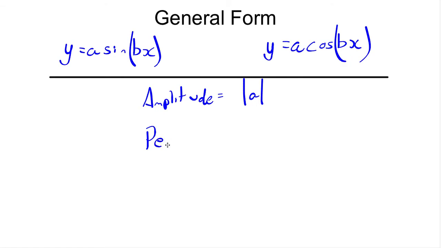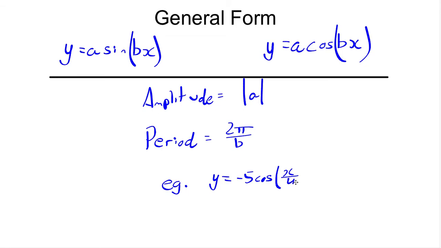Now the period, how far is it going to go? That's going to be 2 pi divided by b. So for example, let's change the amplitude here: y is equal to negative 5 times the cosine of x over 4.